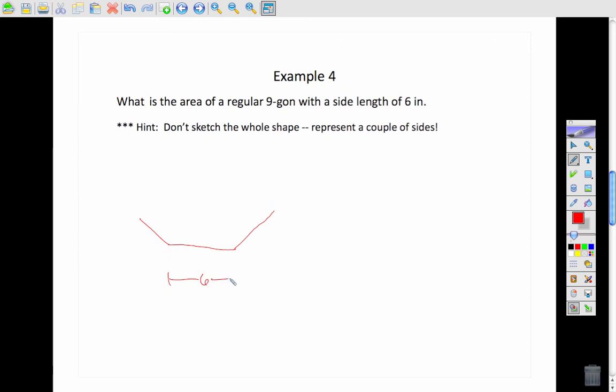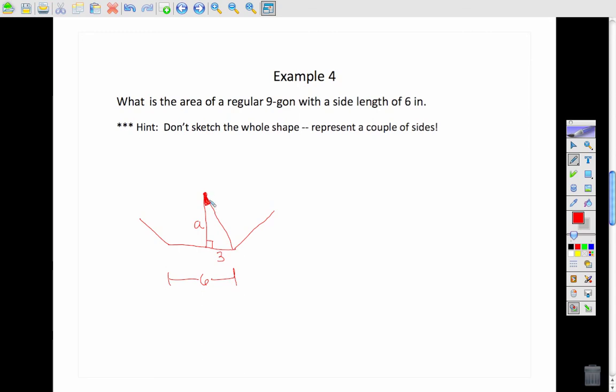And then I just remember I have 9 sides and I mark what I need to know. So I have a side length of 6. And that is all I have right now, other than I know that I have 9 sides. So if I approximate where my center is, drawing the radius, drawing the apothem, I'm going to have to find that. I know that this side is 3 because I've cut a side in half. And I'm going to need to find the apothem.